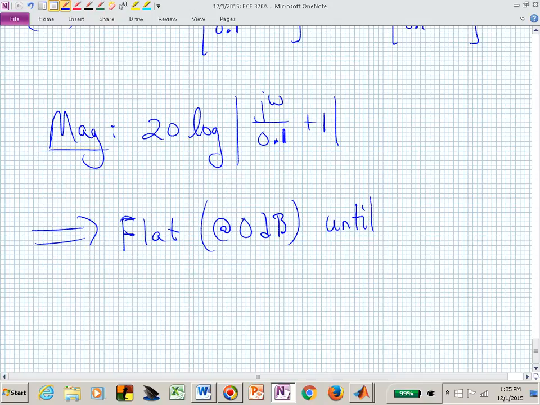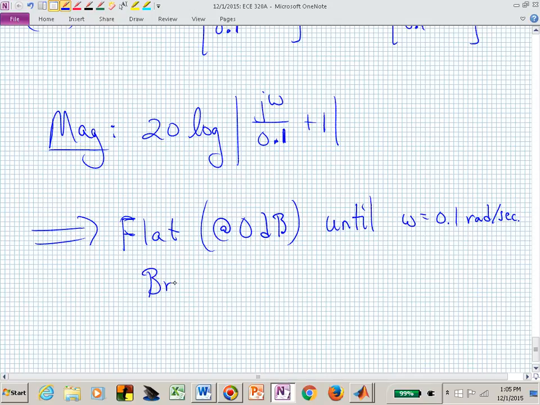Until what frequency? Until the break frequency. Somebody got it. Thank you. So the break frequency is 0.1. It will be 0 dB until then.